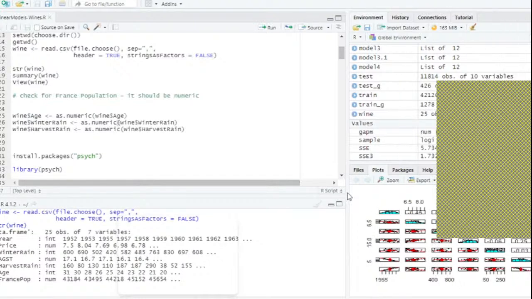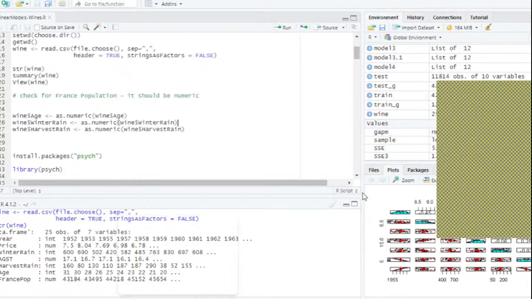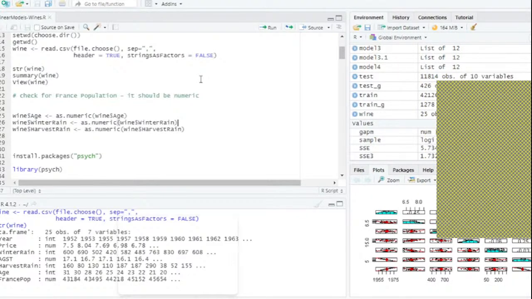This is also a learning for all of you, right? Object wine not found. It is clearly saying object wine not found. Means it did not find object wine in the environment. Means you have written it, but you have not run this.